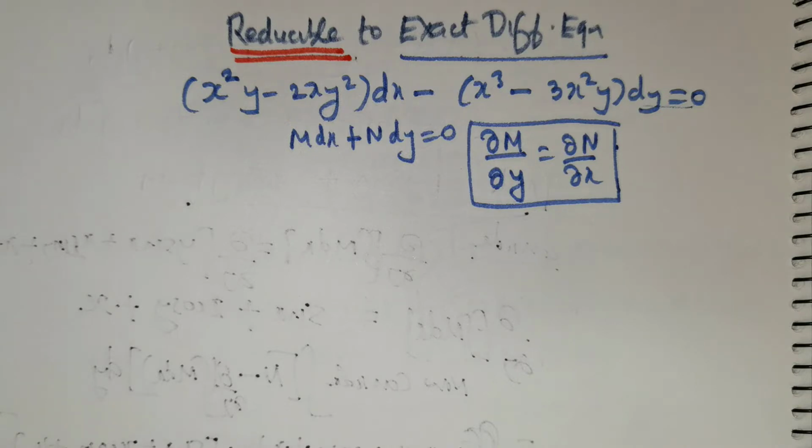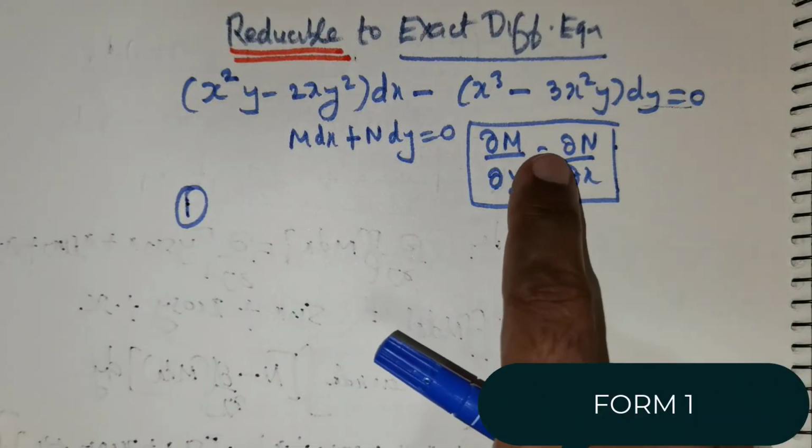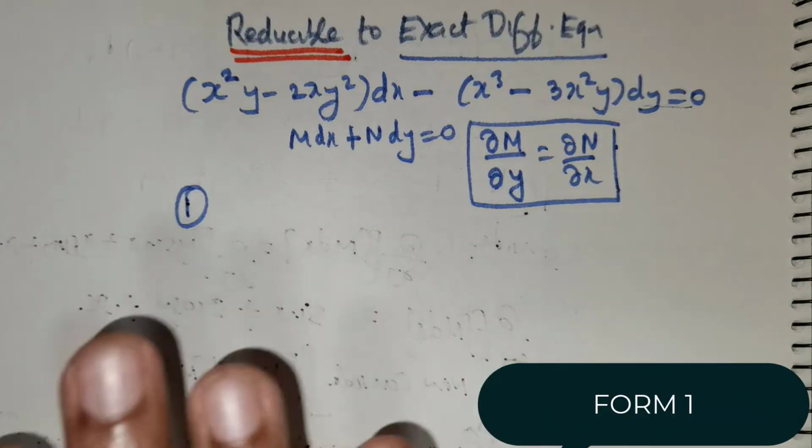So what should we do to make the given differential equation an exact differential equation? That is all this study is connected with. Now foremost, you will have to make the following check. The check is to see if this fails. That's exactly what we are going to do.